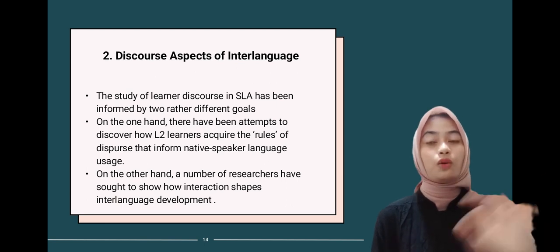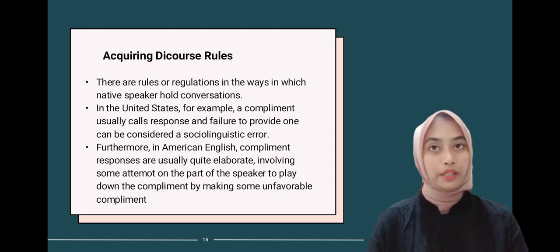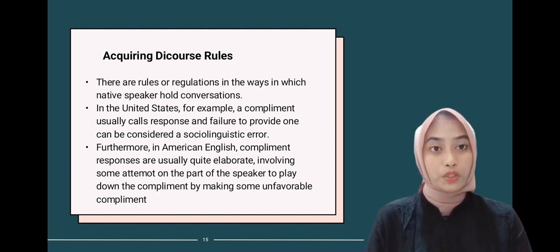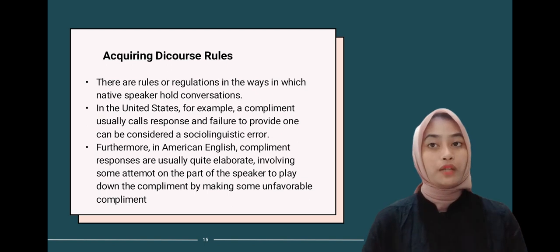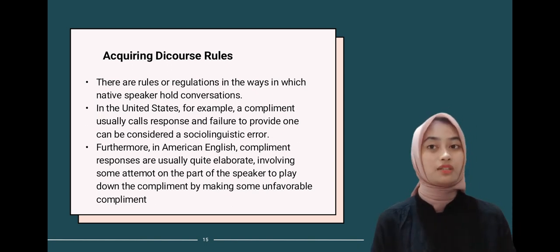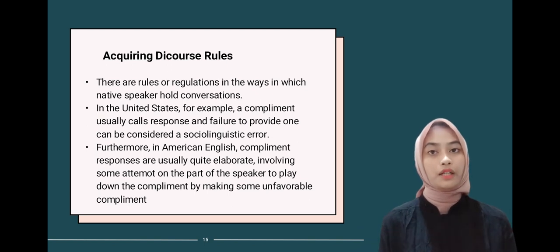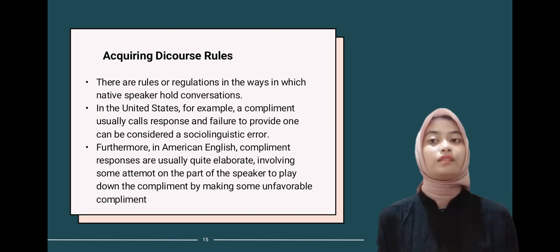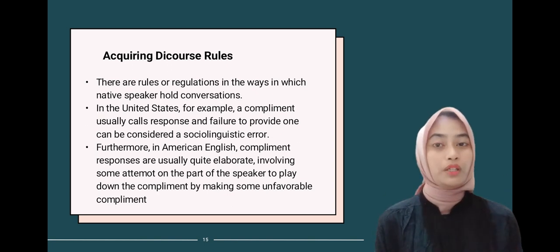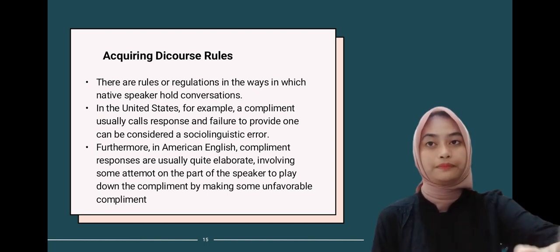Acquiring discourse rules. There are rules of regulation in the ways in which native speakers hold conversation. In the United States, for example, a compliment usually calls for a response, and failure to provide one can be considered a sociolinguistic error. Furthermore, in American English, compliment responses are usually quite elaborate, involving some attempt on the part of the speaker to play down the compliment by making some unfavorable comment.